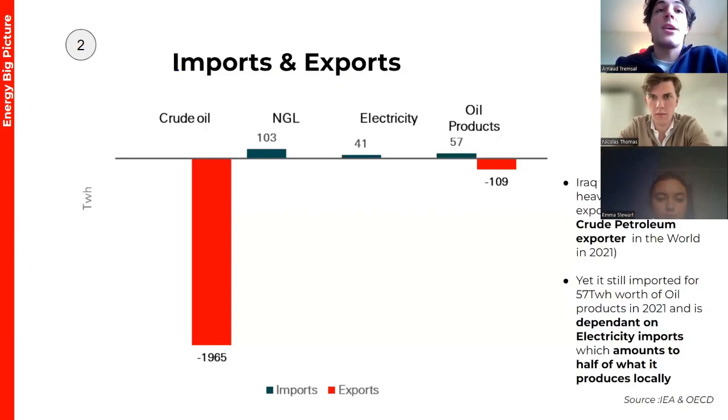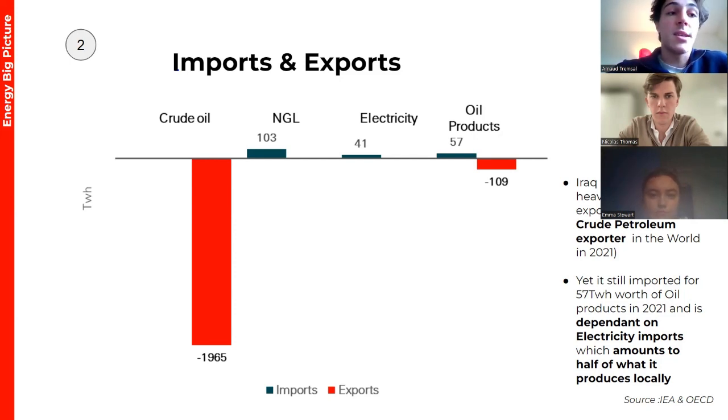And finally, about its imports and exports. Due to its dense web of oil infrastructures, Iraq is exporting the equivalent of 1,965 terawatt hours of crude oil in 2021. Yet, although it produces natural gas, it still relies on imports for its national consumption of NGL, with 103 terawatt hours reported in 2021.